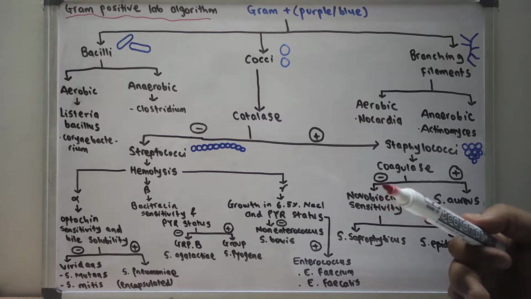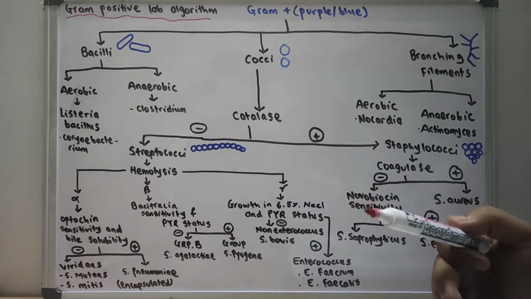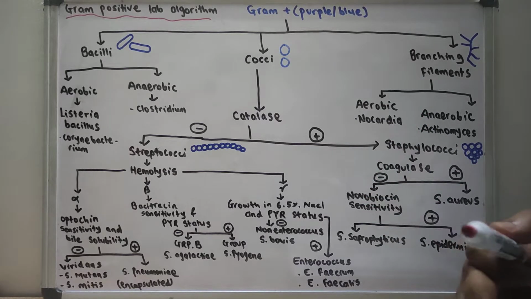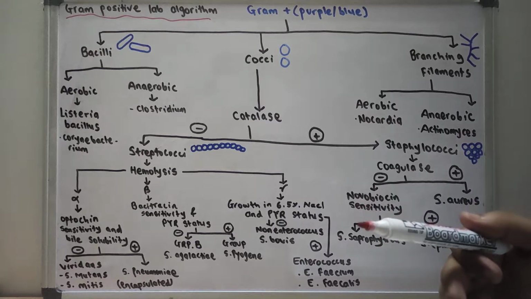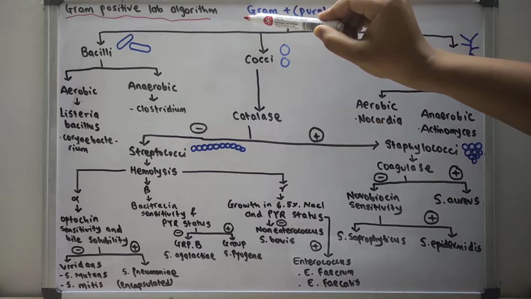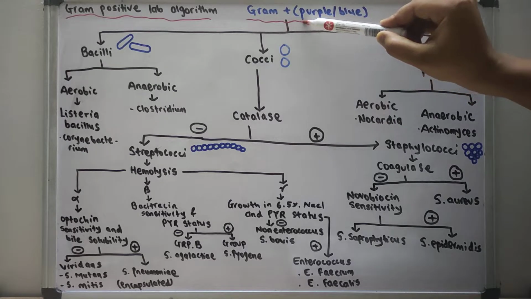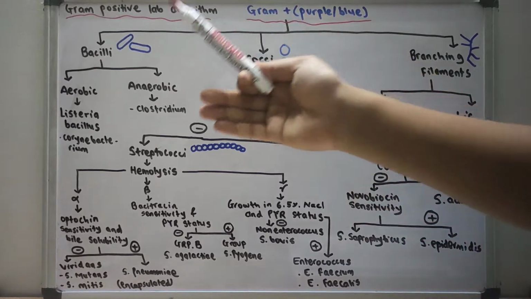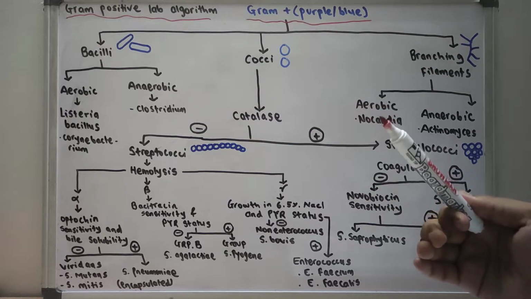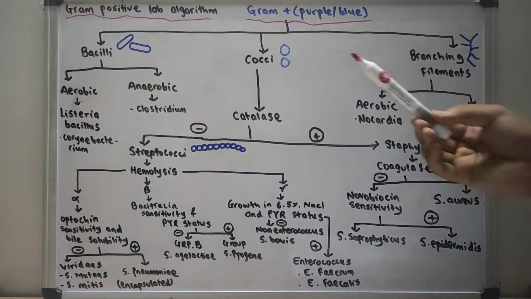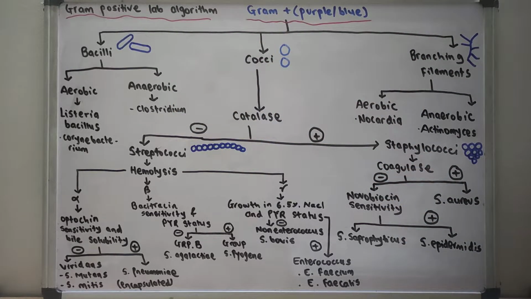So just to revise, the gram positive bacteria appear purple or blue color, whereas the gram negative bacteria appear red or pink color. So three types of bacteria can be identified in the gram positive bacteria. That could be the bacilli, that could be the cocci, that could be the branching filaments.